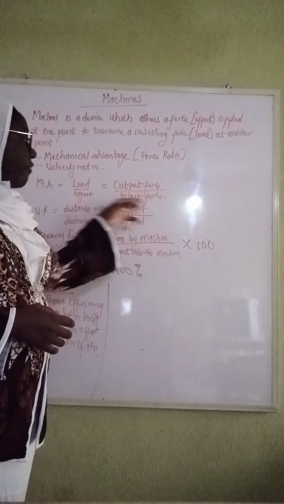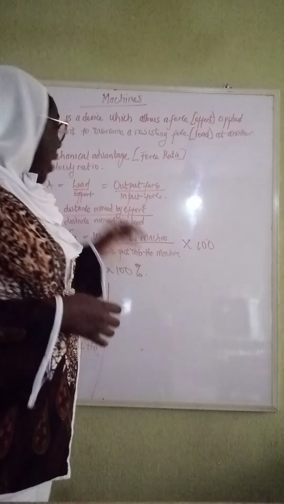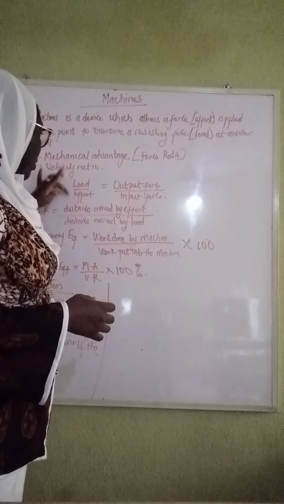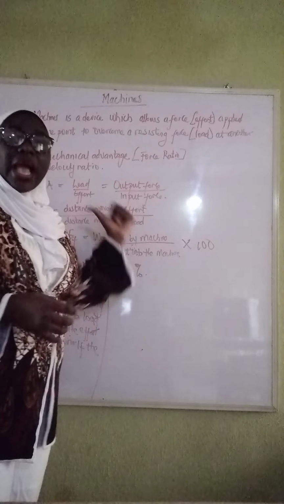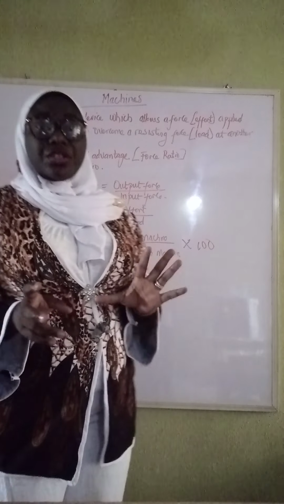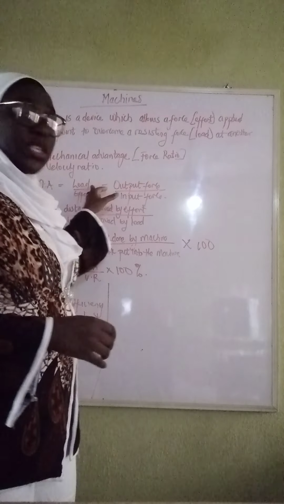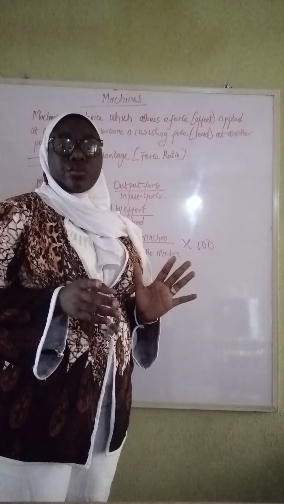Depending on what the question says, you will know whether to use load over effort or output force over input force as your mechanical advantage. Mechanical advantage doesn't have any units because the load is measured in newtons, the effort is measured in newtons, and they will both cut out.